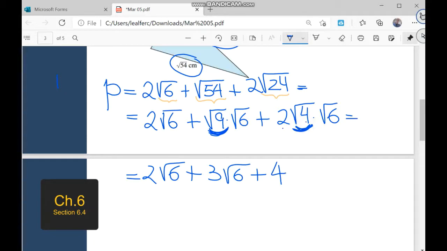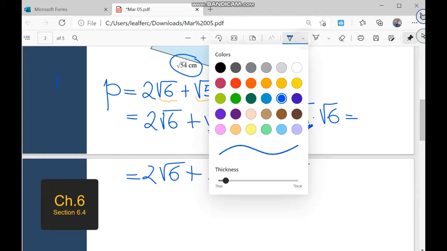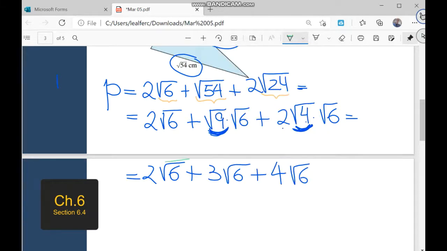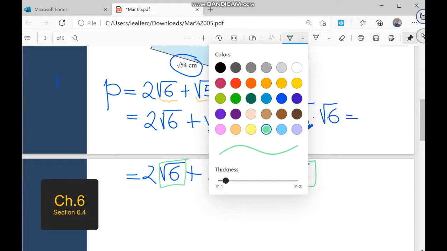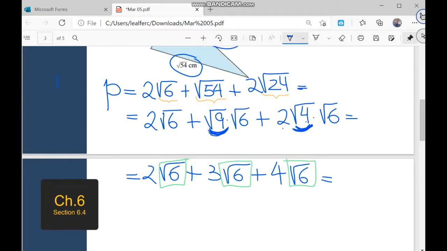Square root of 6. Cool! Look how cool it is. All the terms have the same square root of 6. Square root of 6 is the like radical. So we can combine: 2 plus 3, 5, plus 4, 9. 9 square root of 6 is the answer that we are looking for.